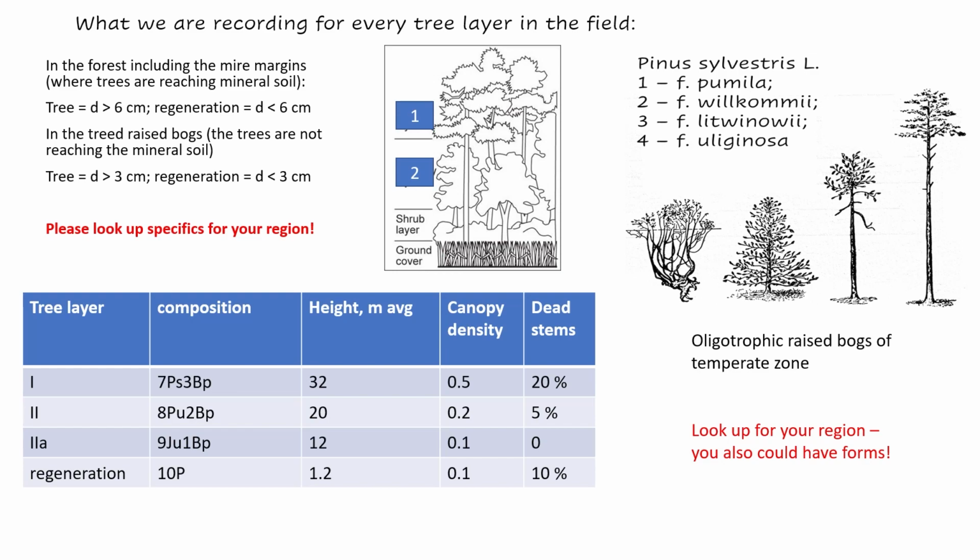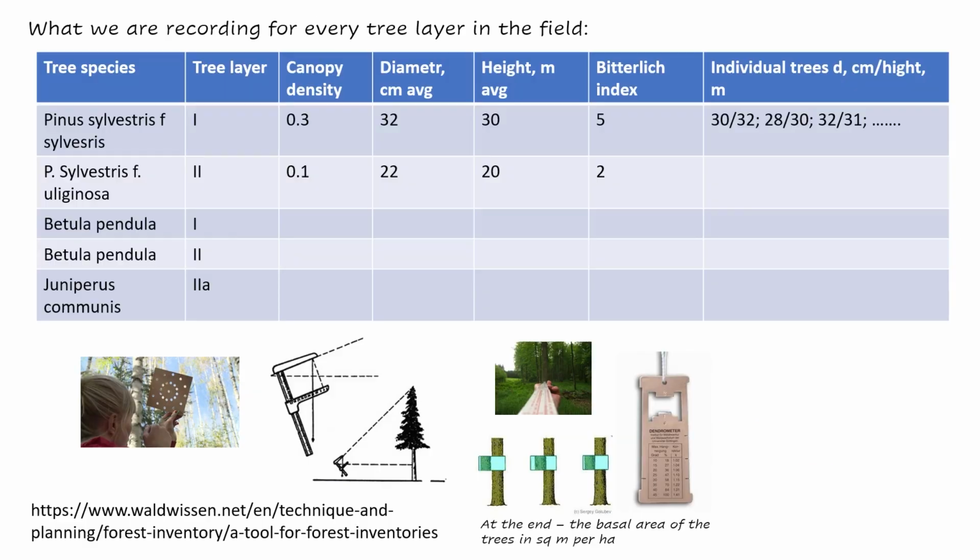And we always put the percentage of dead stems, because in the peatland very often the dead stems are standing a long time in the stand without falling down, and we have to calculate them in the structure, because they are also part of the stand structure, even if they are dead.